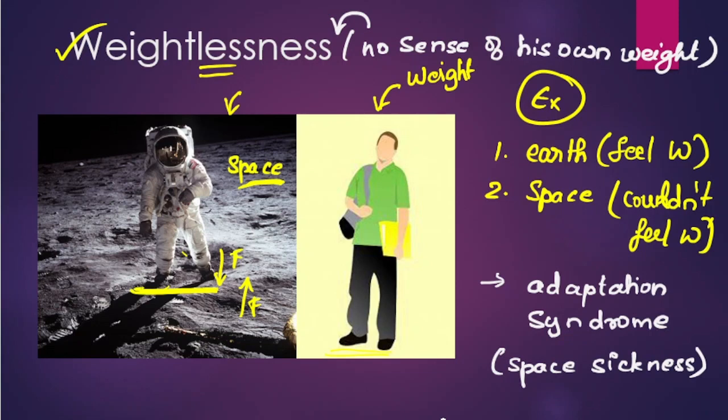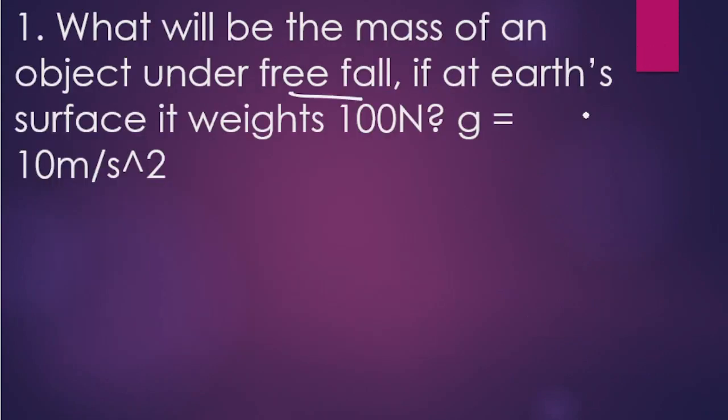So now let us move to a question based on the topic that we have discussed. What will be the mass of an object under free fall if at the Earth's surface it weighs 100 Newton? You have to consider your g value here as 10 meter per second square.